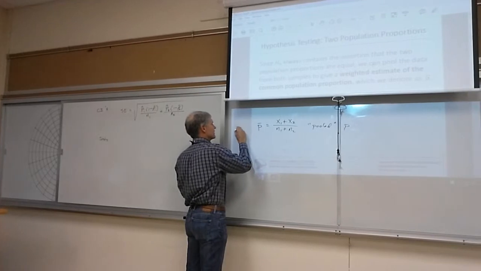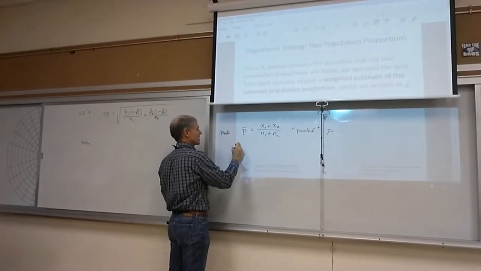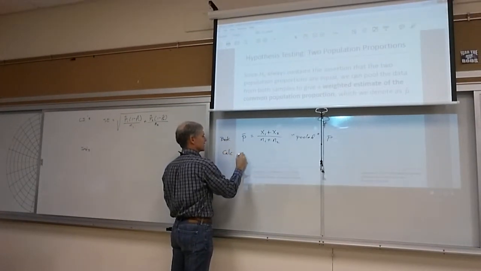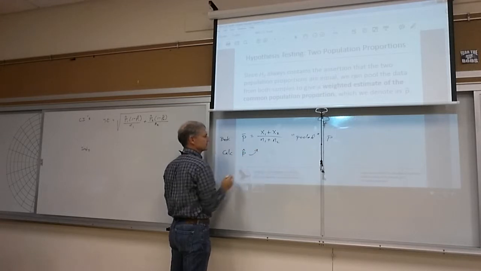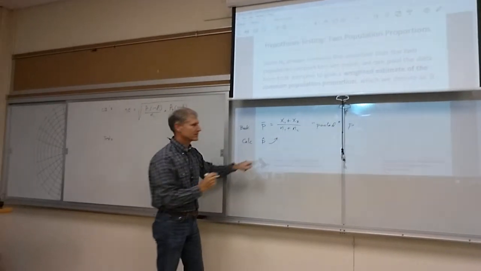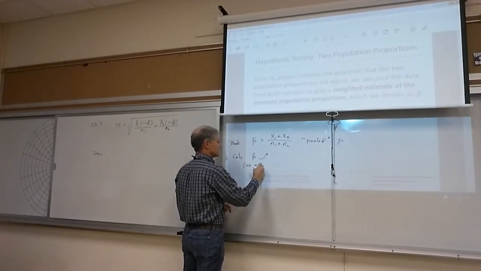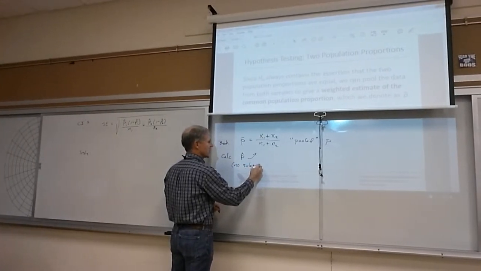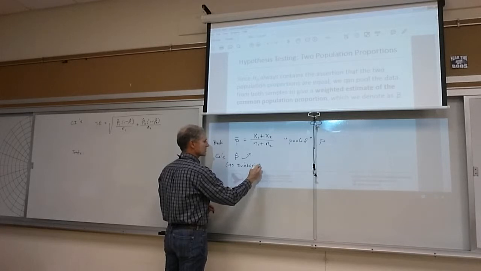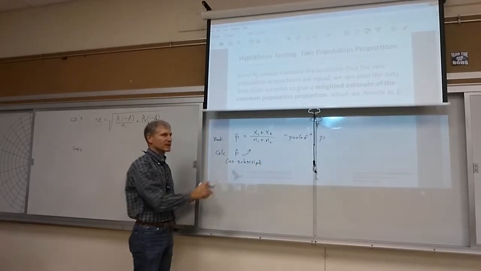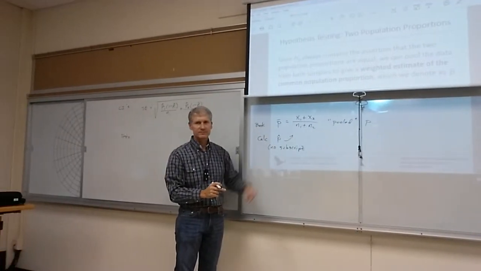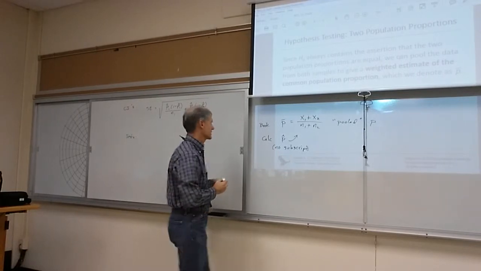So what the book calls P bar, the calculator calls P hat, with no subscript. So your calculator will give you P hat 1 and P hat 2, but it'll also give you P hat with no subscript, and that's the pool. So you'll see what that is in a minute.